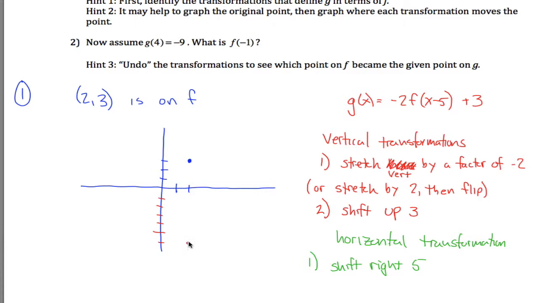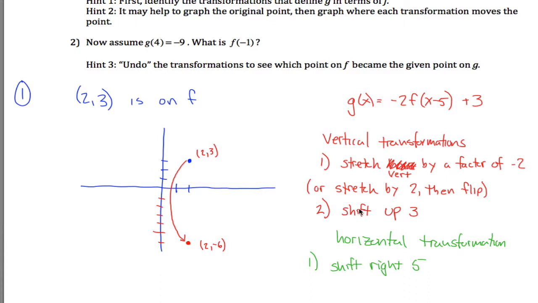That'll move it all the way down here. Maybe I'll label these points. This one is (2, 3). This one is (2, -6). That's just taking care of my first transformation, going from here down to there.